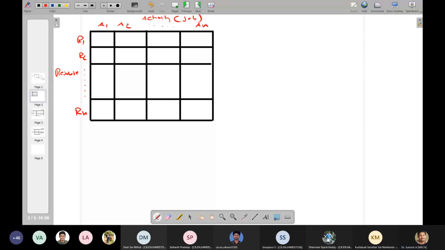C11, C12, up to C1n. In the same way here you will have C21, C22 up to C2n.